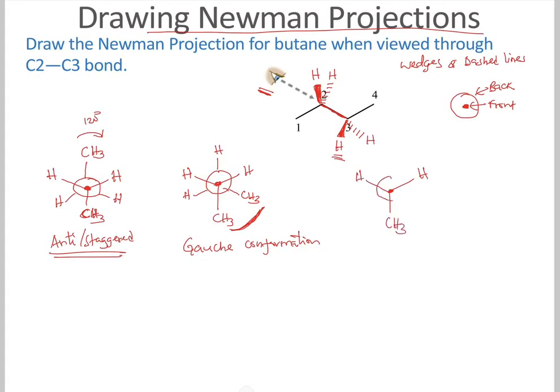Then we rotate the carbon 2, 3 single bond, and we end up with a CH3 aligned there, then the other hydrogen, and then the other hydrogen. So when they are aligned with each other, we call this an eclipsed conformation.